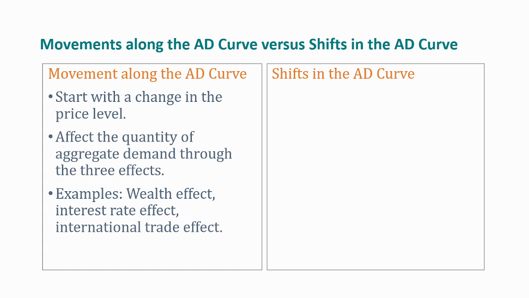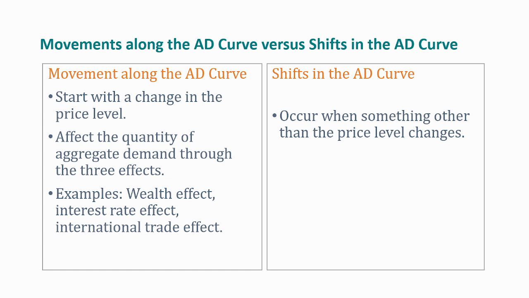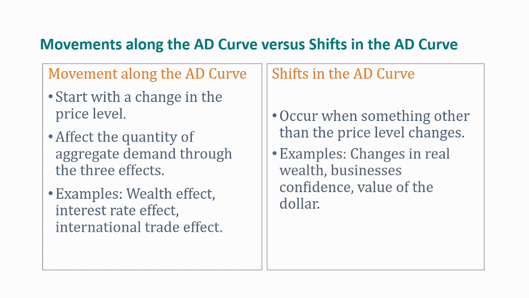So, about a shift in the AD curve. It occurs when something other than the price level changes. It means that we keep the price level unchanged, but if there is another factor that makes AD change, that is a shift in the demand curve.